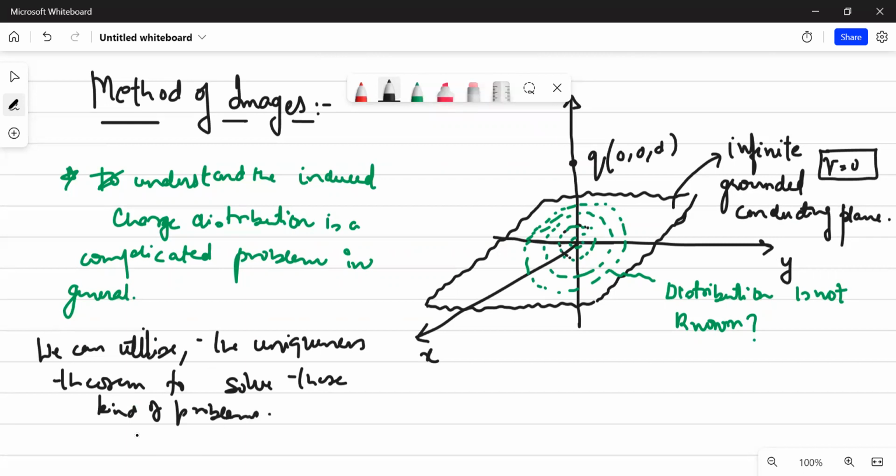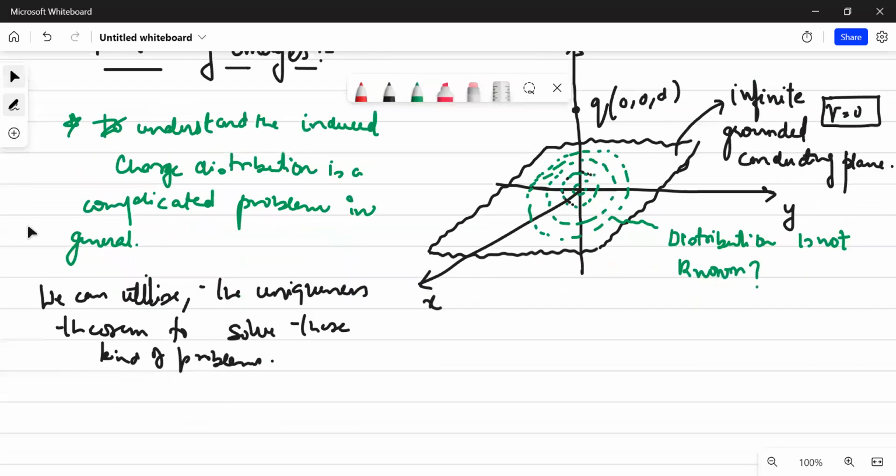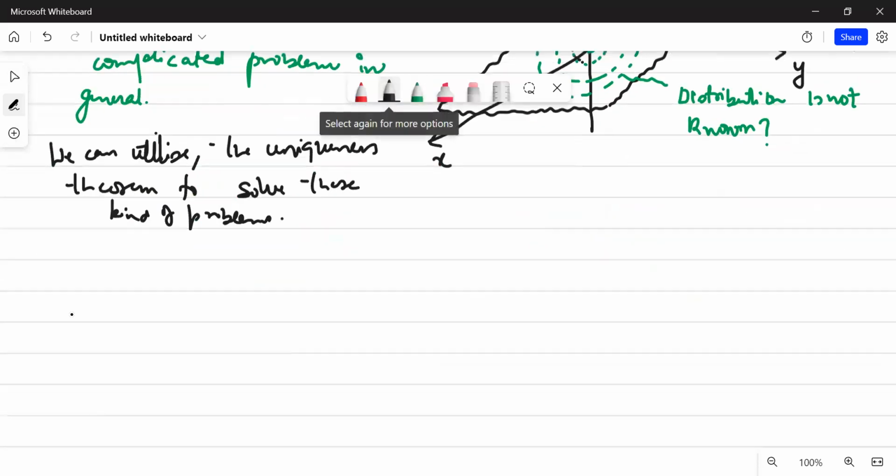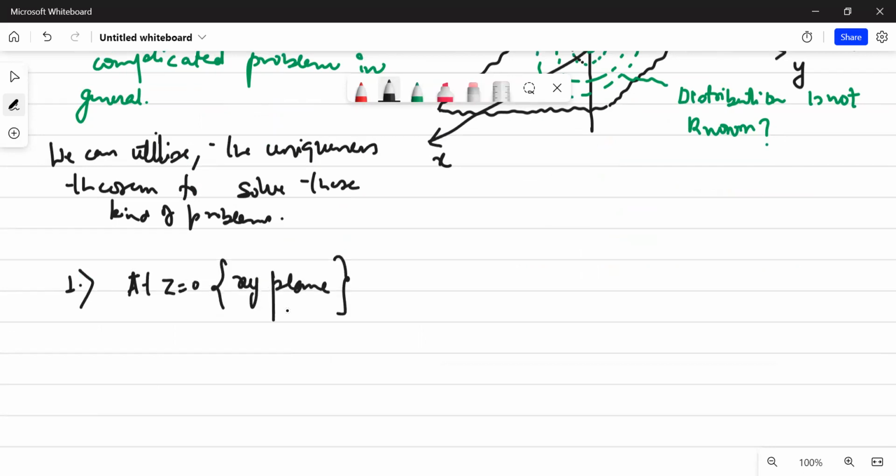First you should understand that this charge q in front of this infinite grounded conducting plane is subjected to two conditions. The first condition is that at z equal to 0, that is on the xy plane, your potential must be 0. Why must the potential be 0? Since the plane is grounded.